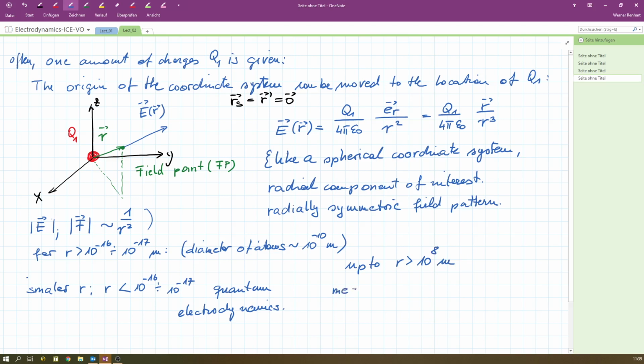The measurements of the Jupiter fields by the space probe Pioneer 10.